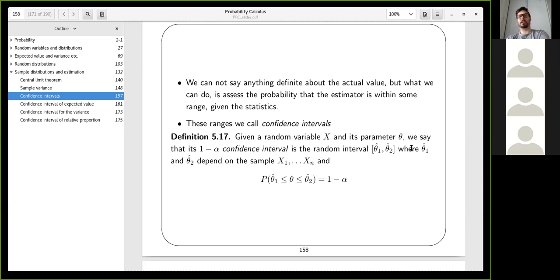But what we can say is that, okay, we got this sample, and if the actual variance is like this, then this sort of sample has a certain probability of being in a certain range. That is what we can do. So these ranges that we will come up with, we call them confidence intervals.